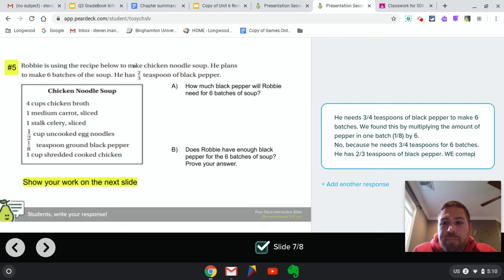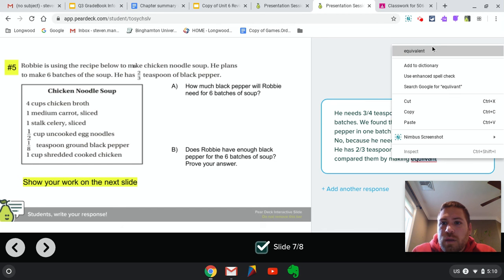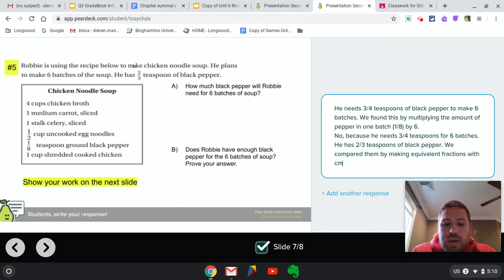We compared them by making equivalent fractions with common denominators. Oh, I didn't spell that right. Equivalent fractions with common denominators.